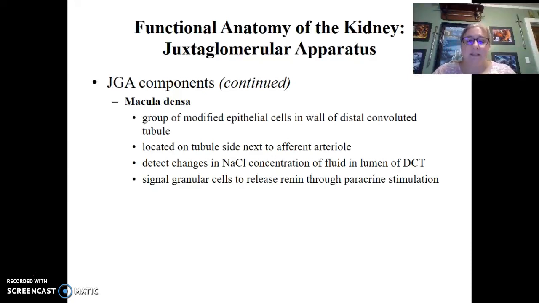And so that's going to send signals to the granular cells again to secrete renin, which will increase blood pressure. And when we produce renin, renin activation of angiotensin 2 stimulates the production of aldosterone, and aldosterone is our salt-loving hormone. So we're going to increase the amount of salt we bring back into our blood.